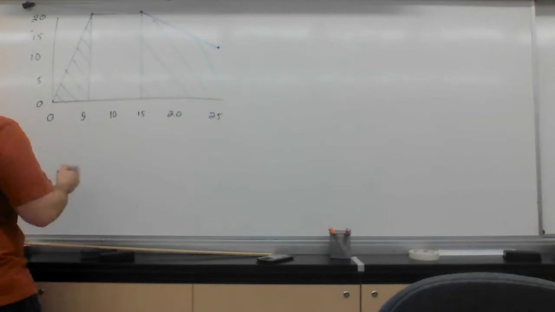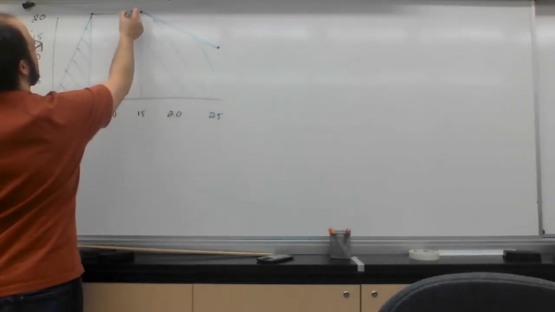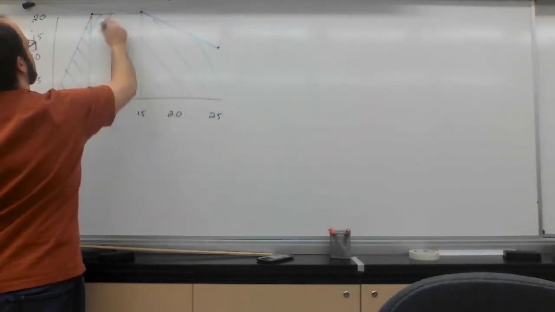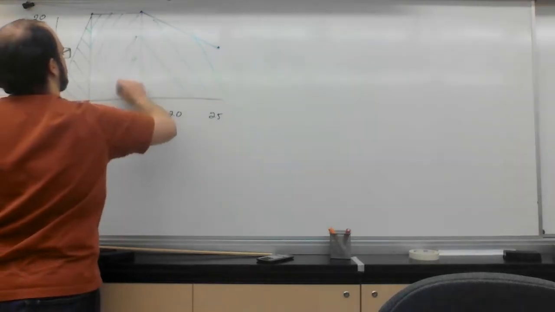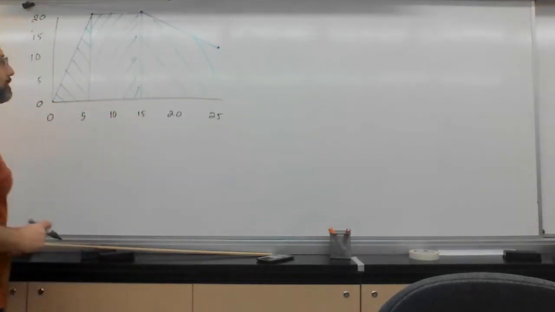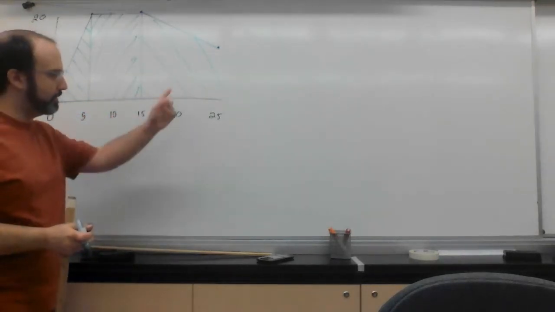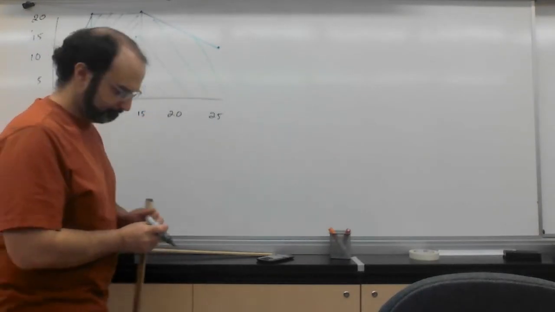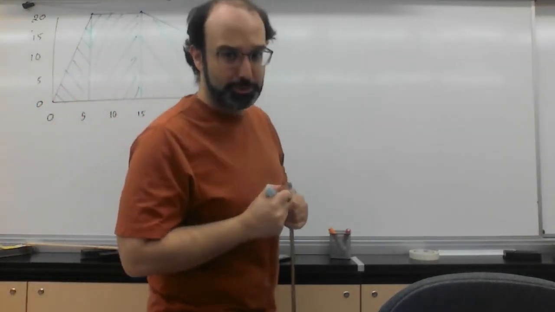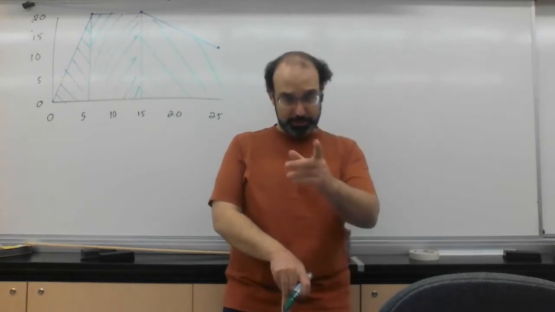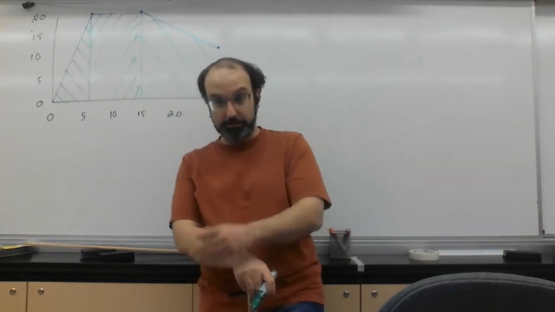Got one shape here, and I've got another shape there, and then I got a third shape at the end. What are those shapes? I hope you guys know. If not, well, okay. You're about to learn.